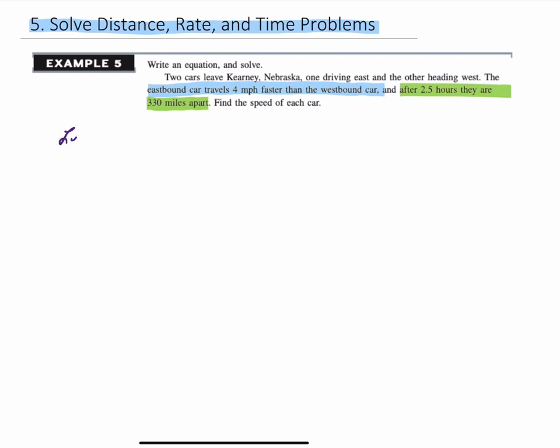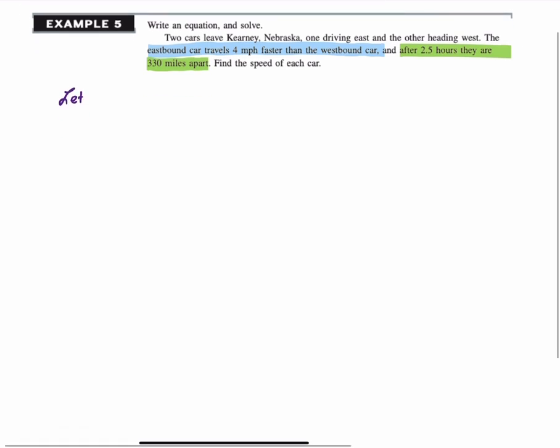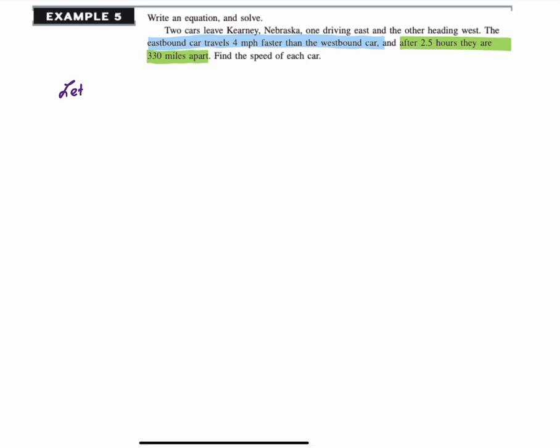I'm going to say let x equal the speed of the westbound car. And I'll say y equals the speed of the eastbound car.